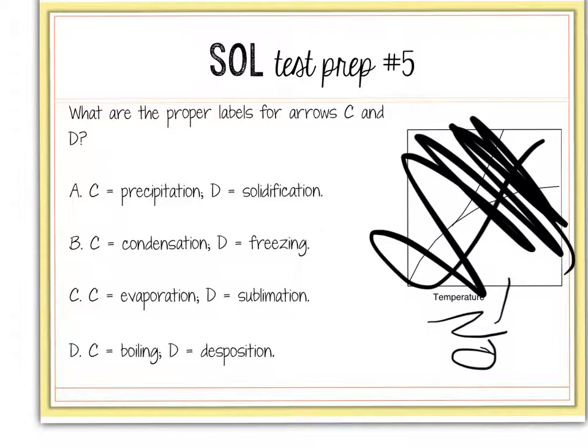Is A, C precipitation and D solidification? Is letter choice B, C condensation and D freezing? Is it C, C evaporation and D sublimation? Or is it D, C is boiling and D is deposition? And I spelled that incorrectly, but you get the gist.